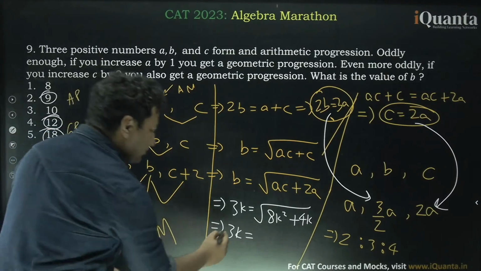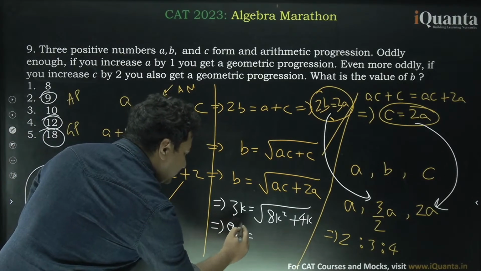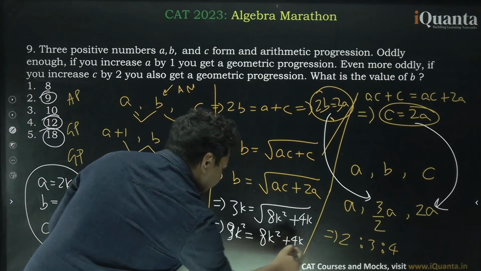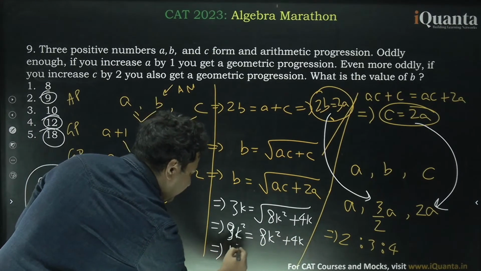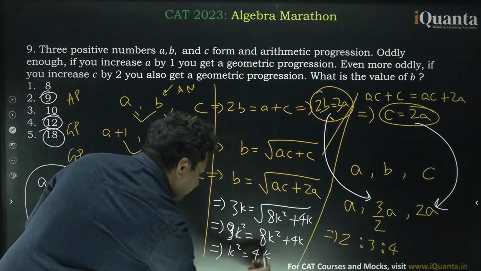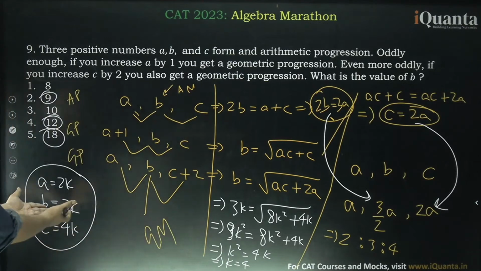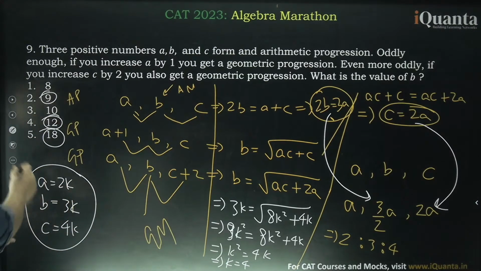Squaring both the sides, 9K square will be equal to 8K square plus 4K, which means K square is equal to 4K, or we can say K is equal to 4. We got the value of K as 4. Put it here. B is equal to 3 into 4, that is 12. So our correct answer is option 4.